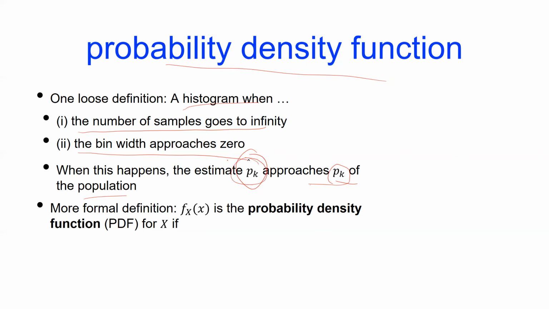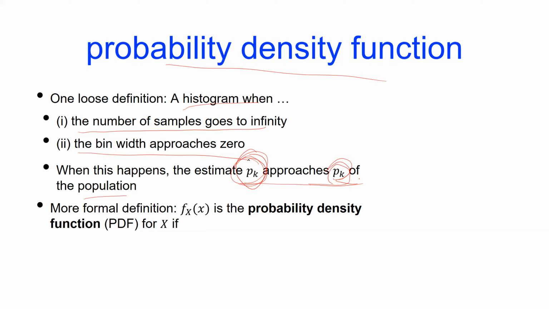From the sample, what I can do is estimate some histogram, which is a p hat here. But the p, the true distribution, belongs to the population, which is something I could not measure or is very costly to measure. So usually I don't know it. So I have to get a p hat approaching the p. All right.